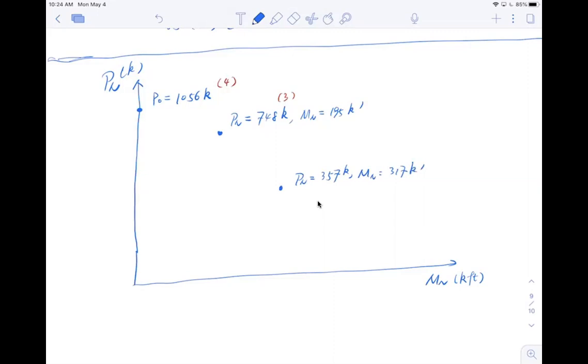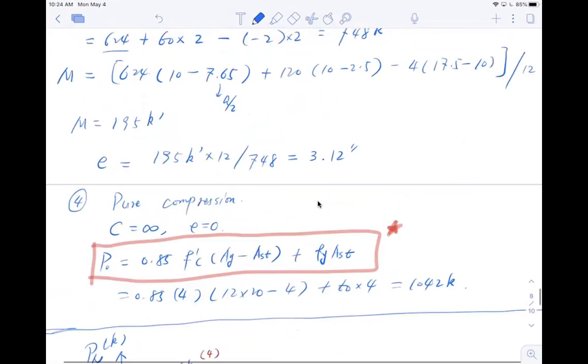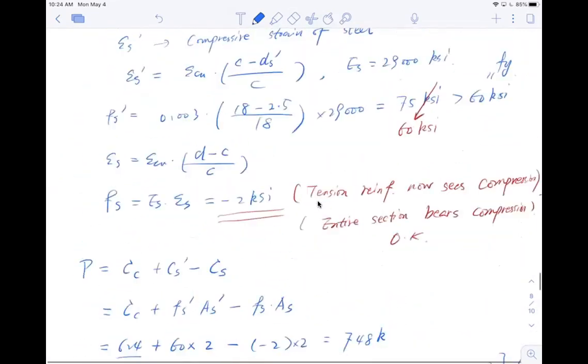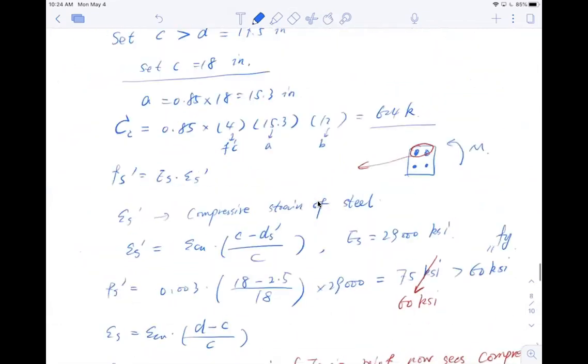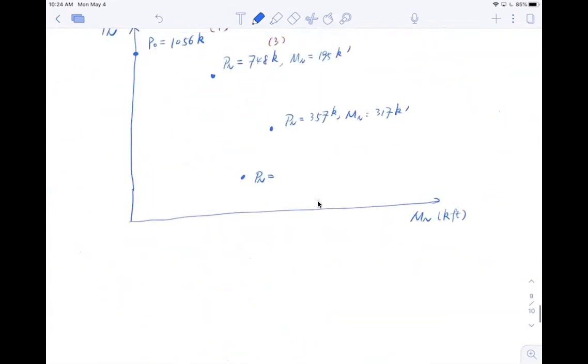And circling back right here, I have my axial force Pn equal to, let me check real quick, that should be my 0.2 point. So 133 kips and 238 kip feet.